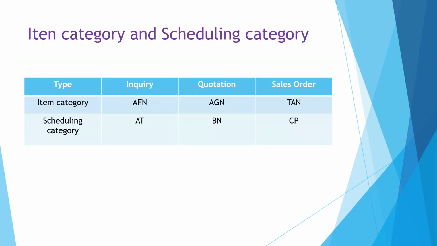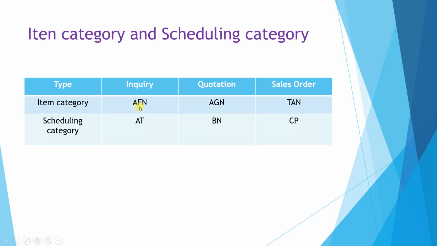Now see the item category and schedule line category. Actually it is schedule line category, not scheduling. Item category, schedule line category. So inquiry, these are all standard ones. You will get some interview questions on this also.